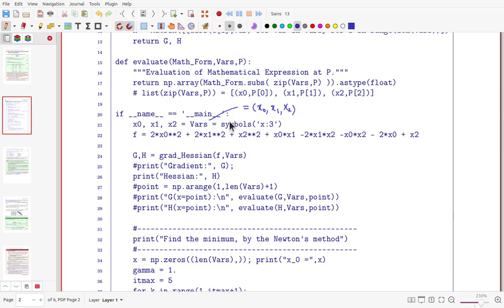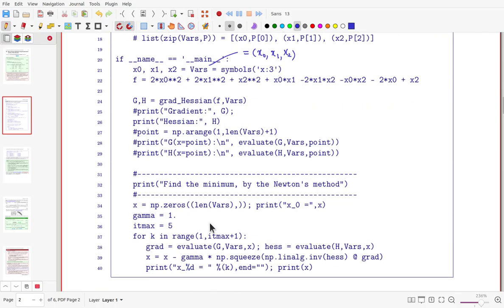Now f is defined by using these variables x0, x1, x2. You may think of this as x, y, z. Now we defined the quadratic objective function. By using the function, we get the gradient and Hessian. These are printed out to see if it is working well. Once we print out this Hessian, the others I commented out.